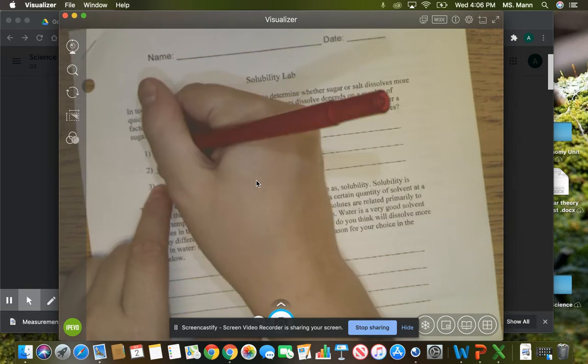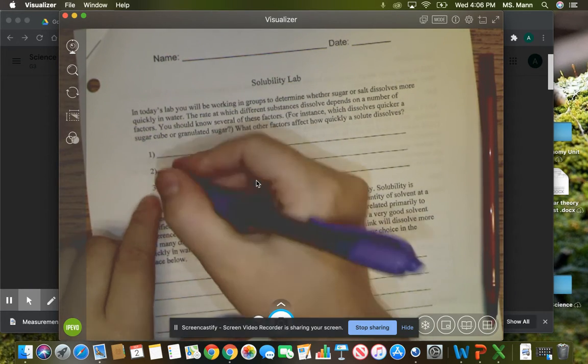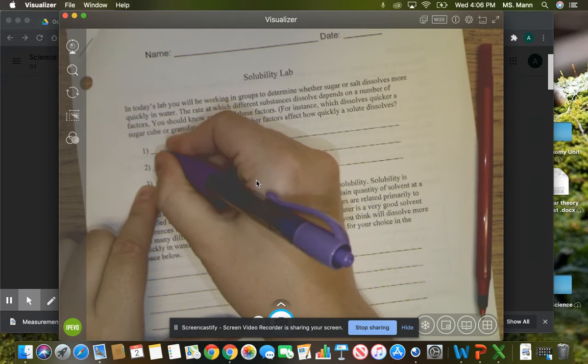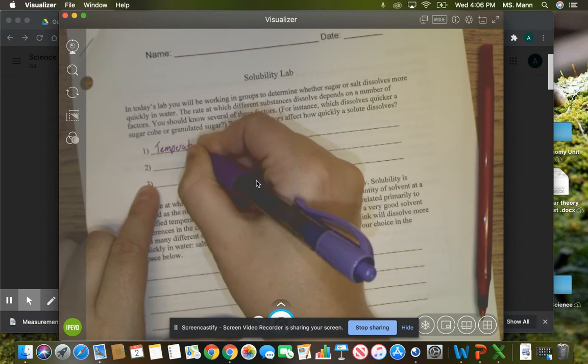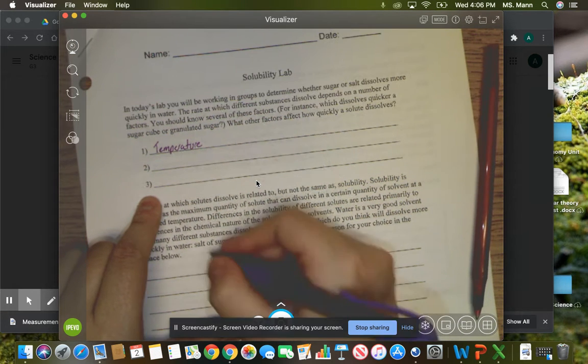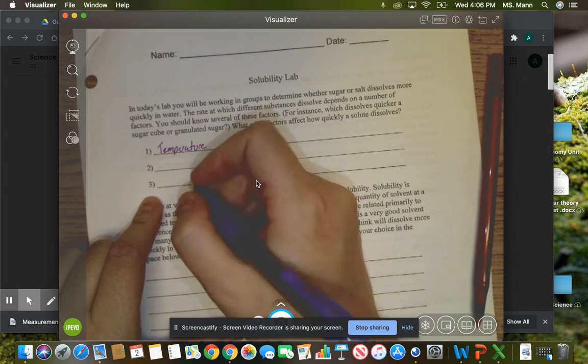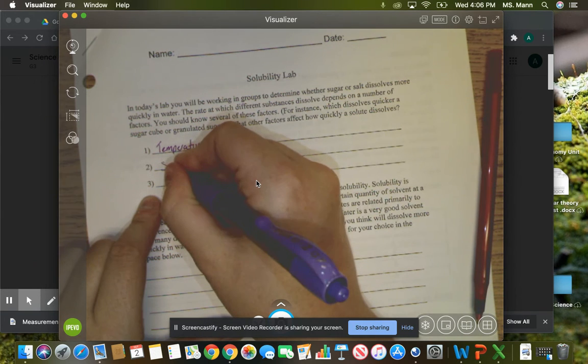So for the first one, let me get my purple pen here. The first one, we'll say temperature. And for the second one, we will say surface area.